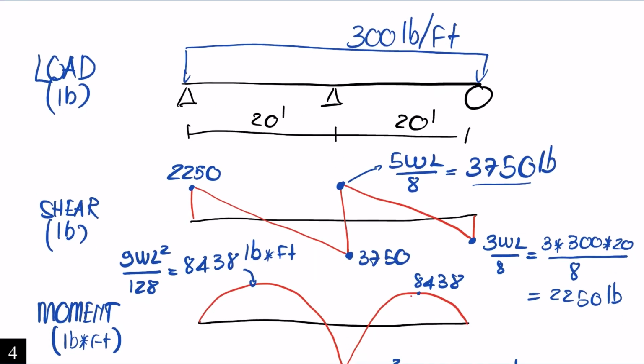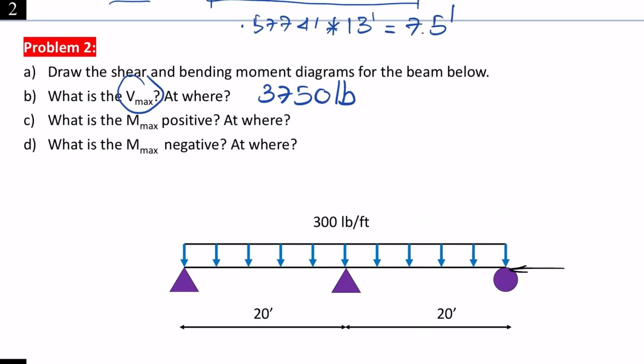And this one is at the middle of the whole beam over here, which means around here. So that is at 20 feet from the left, and I can say at 20 feet. Right?